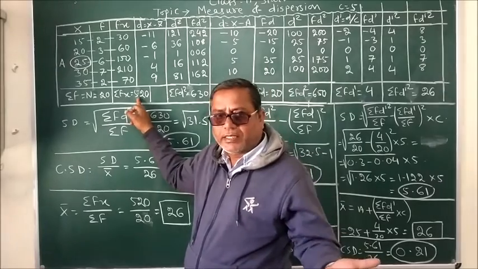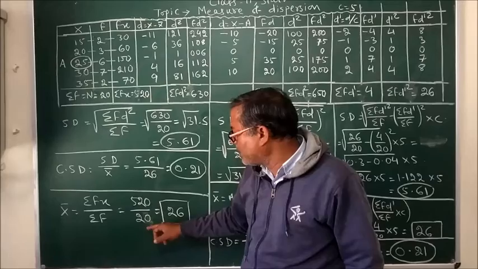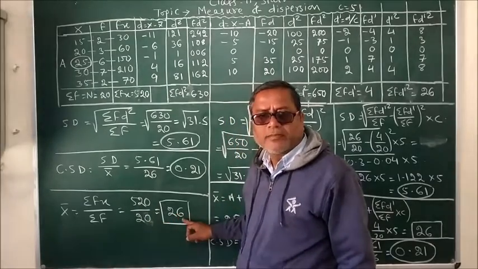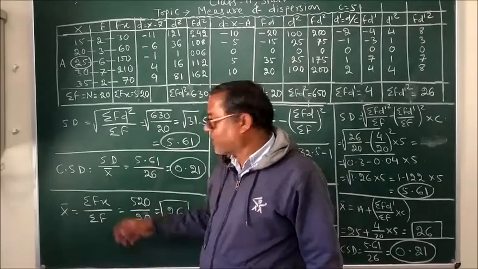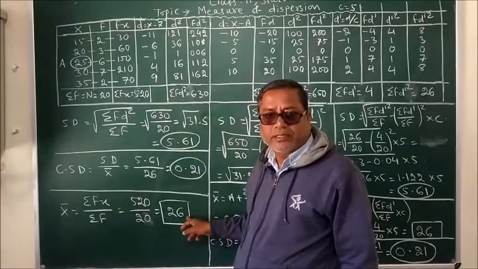Now it's easy, just use the formula summation fx by summation f, that is 520 by 20, and the result is 26. Hence, in this series, our actual mean, that is x bar, is 26.